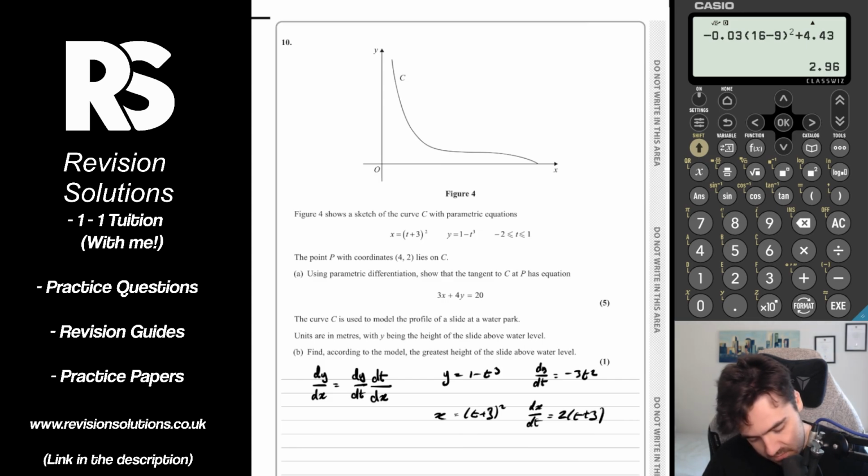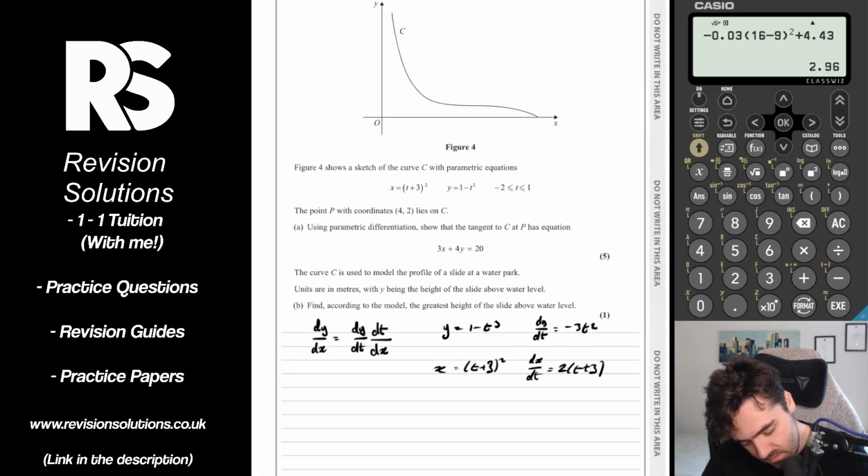So writing out our derivative, dy/dx is going to be dy/dt, which is minus 3t squared, and then dt/dx is just 1 over dx/dt. So that's all going to be over 2 lots of t plus 3.